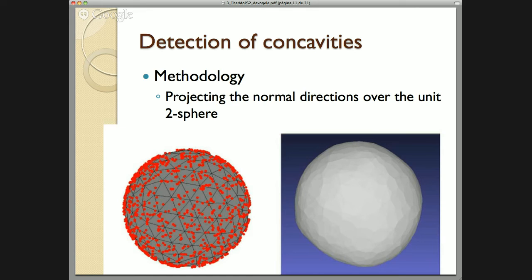Then we subdivide this sphere into N bins with almost equal areas. You can see here the subdivision into triangles which tile the sphere.